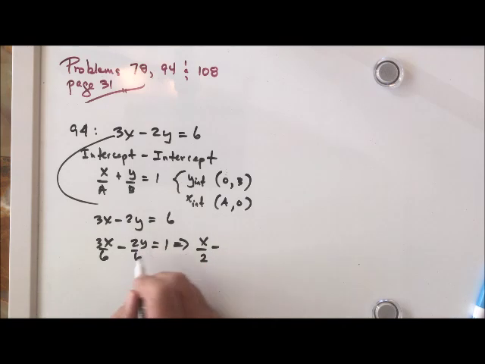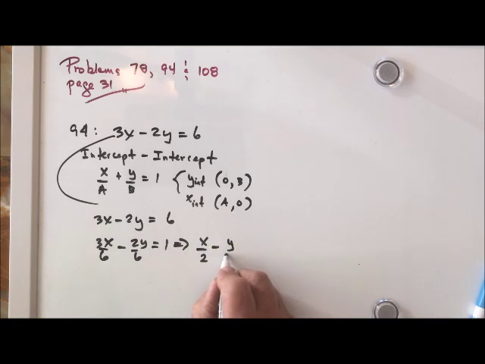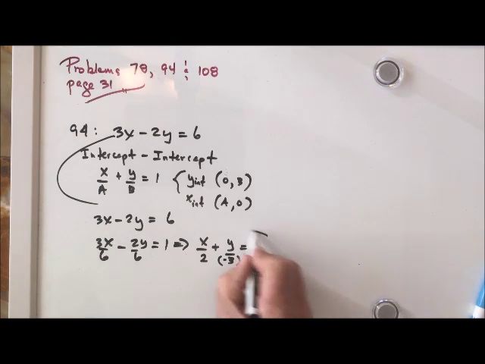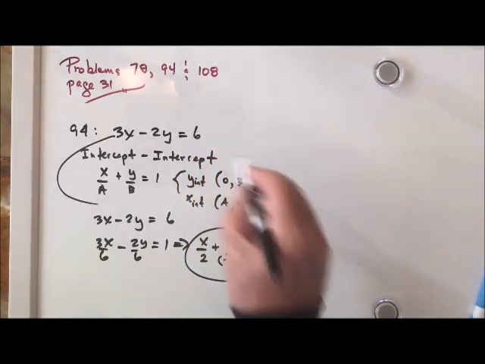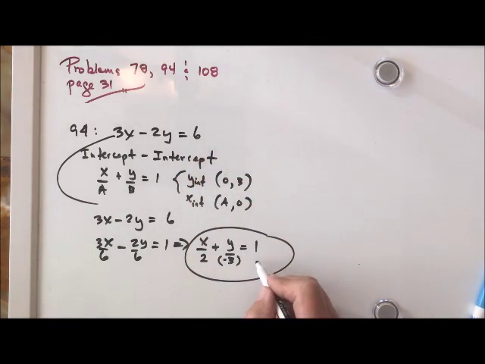Minus 2y over 6 is the same thing as y over 3. And then just to be cute, I'm going to take this minus sign away and put it down there. So you can clearly see that I've now transformed this standard form equation into this intercept form equation. And here are the intercepts.